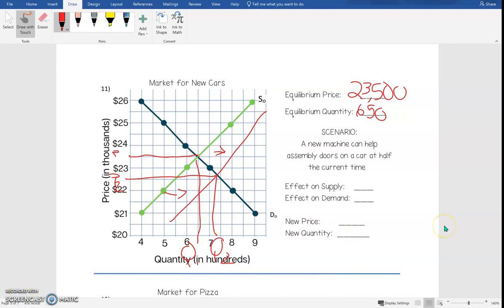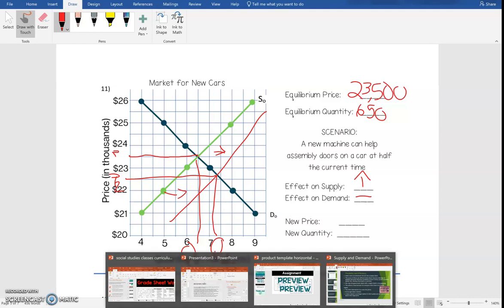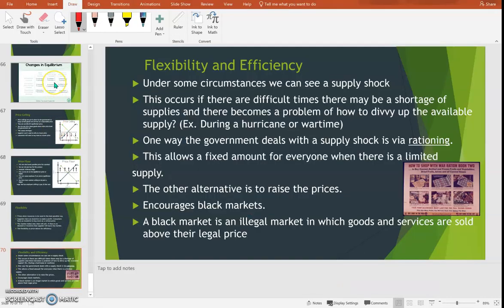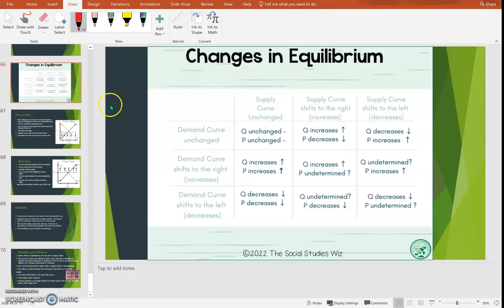In this particular example, my effect on supply is that supply has increased. Demand has stayed the same, right? We've seen no initial change on demand in this scenario, okay? Remember what I said earlier, you can also go back into your notes, which can be found on Canvas if you did not bring your copy home, and look at this, okay? So there's no change in my demand curve.